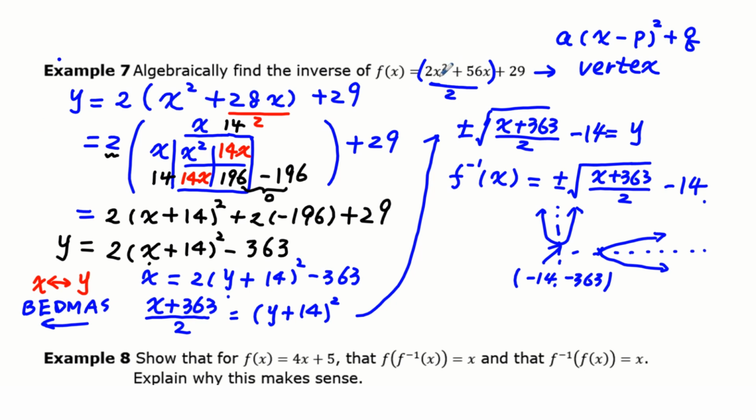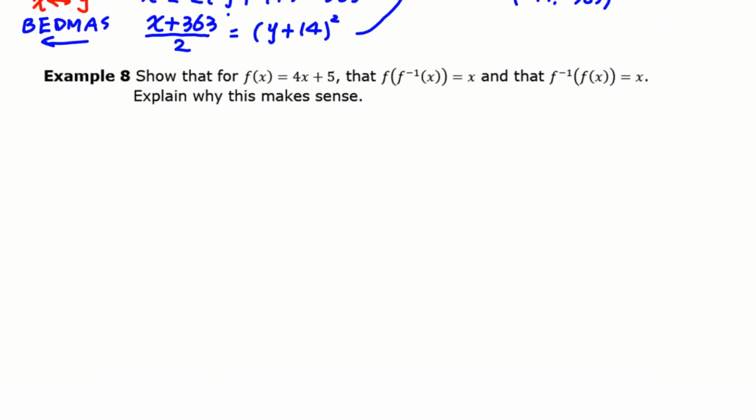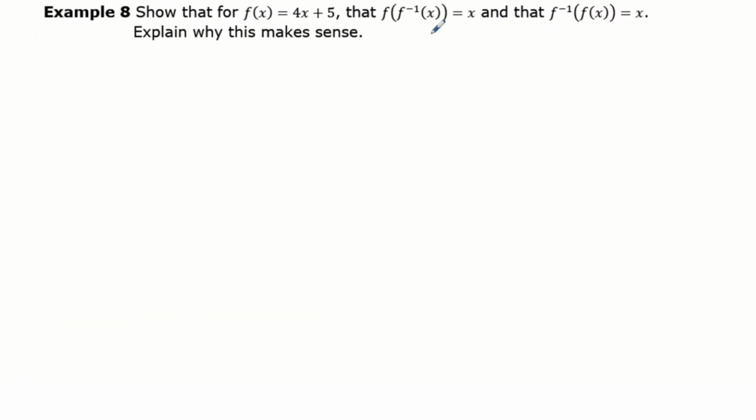When you have a function with two x inputs, you need to make some changes to have one x input. Then you switch it. It's easier for you to isolate that one by moving the numbers to the other side. And example 8: we try to test this.